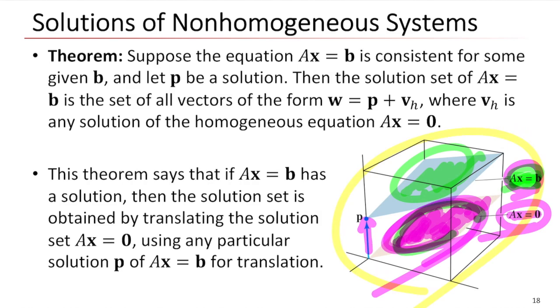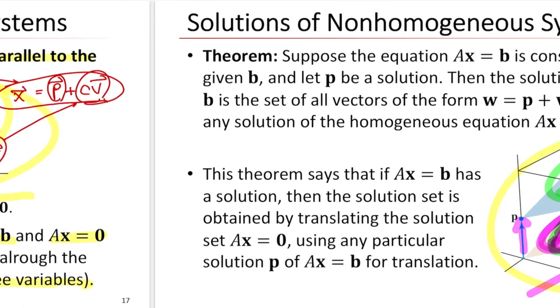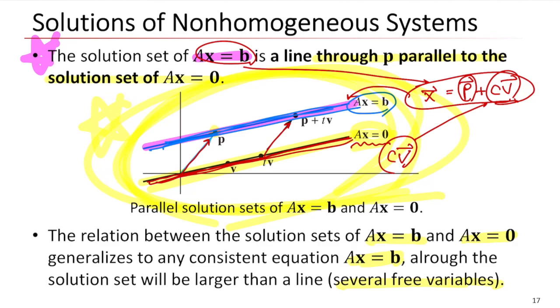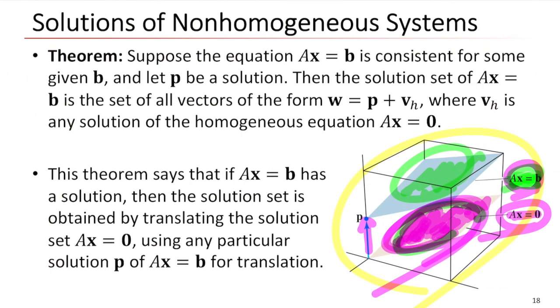Okay, so it looks complicated, but you can remember the properties here, and then we can generalize this one to the 3D plane case, right? So here is the summarization. Here is a theorem. Suppose the equation Ax = b is consistent, or has a solution, for some given b, and let p be a solution.